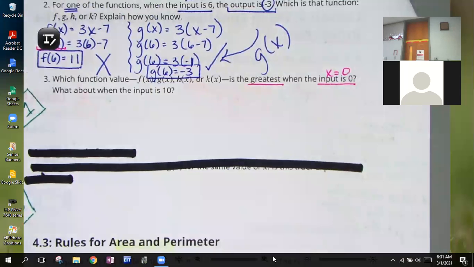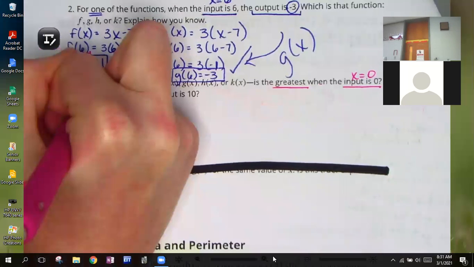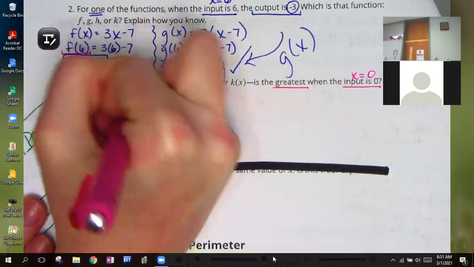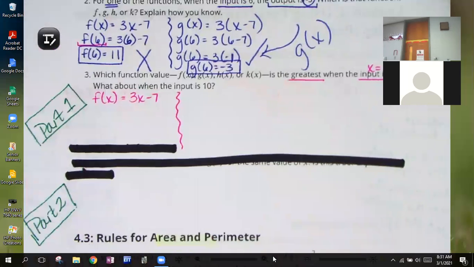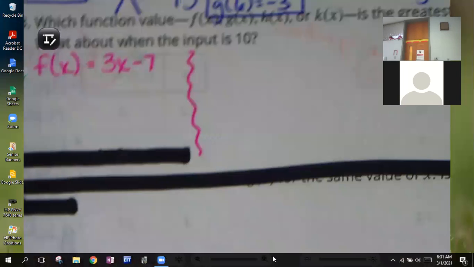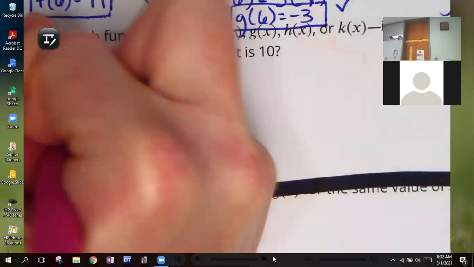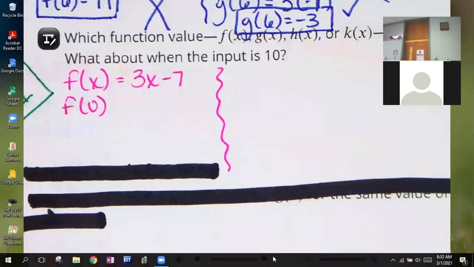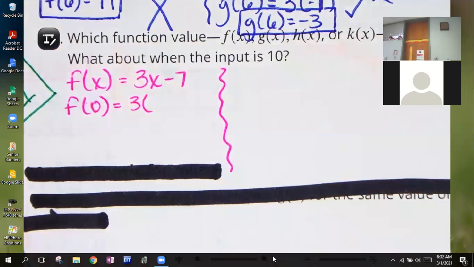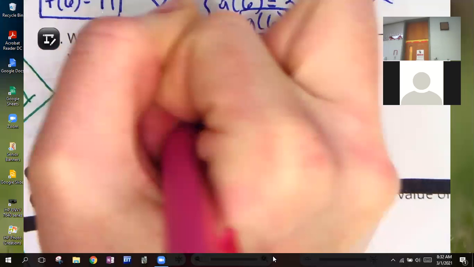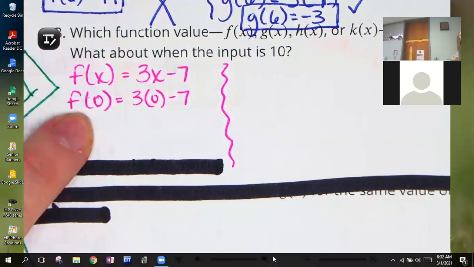Okay, so let's start with the first one, just so I can get y'all started. So we have f of x equals 3x minus 7. All right, I have an equation. What's my input? 0. Okay, so I have f of 0 equals 3 times 0 minus 7. Can I simplify this side of my function?